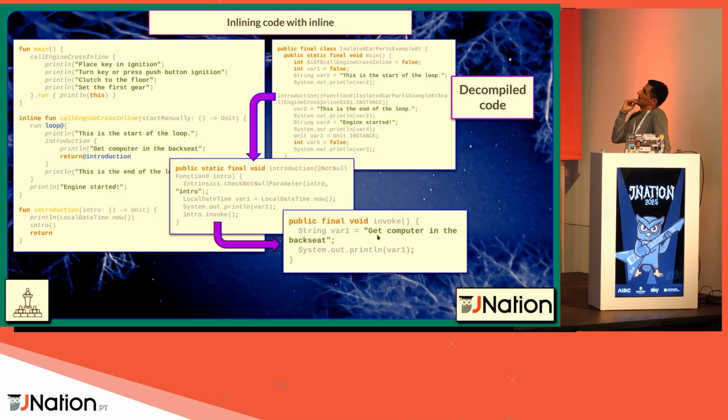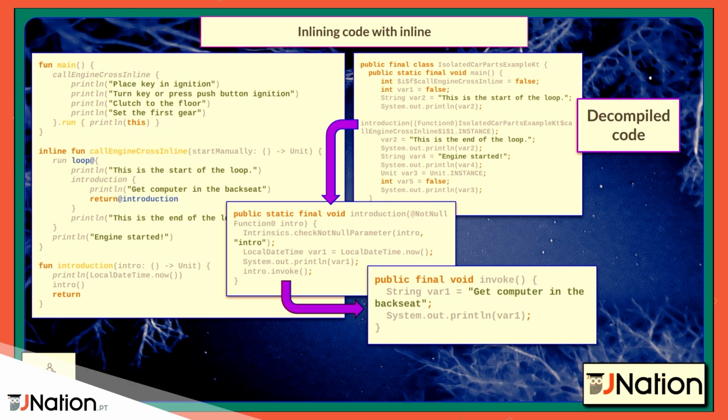So we've got partially inlined code with different calls, and this is just to illustrate what that inline does: it essentially puts all the code being used inside callEngine in line with main.